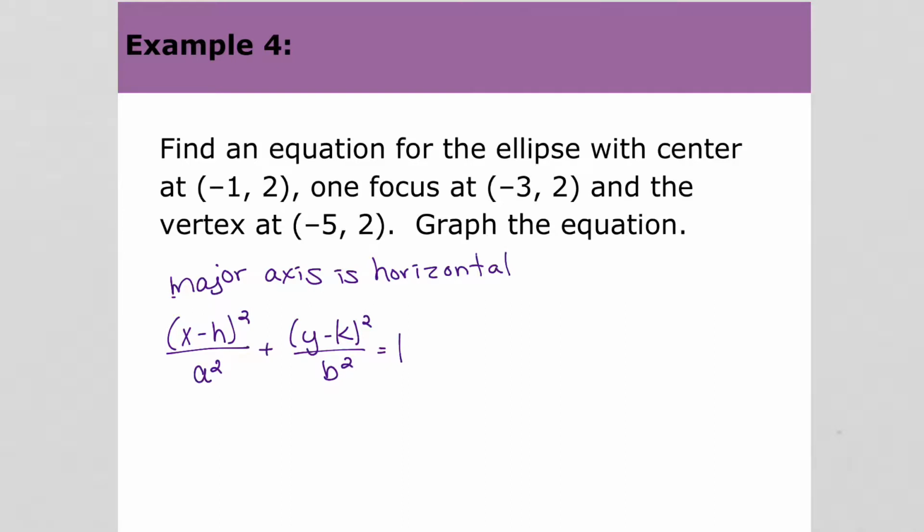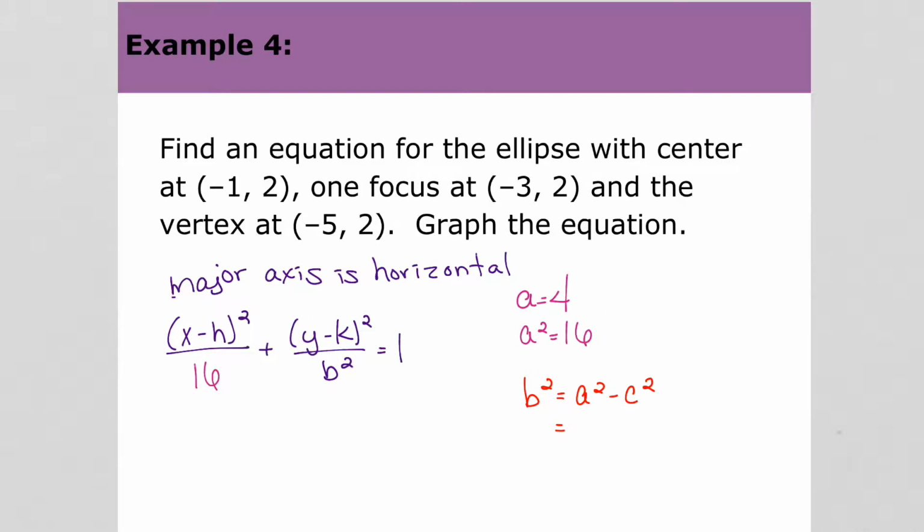And so we've got A. That will be 4. So A squared is 16. And we've got C, so that can help us find B. Okay, so B squared will be A squared minus C squared.